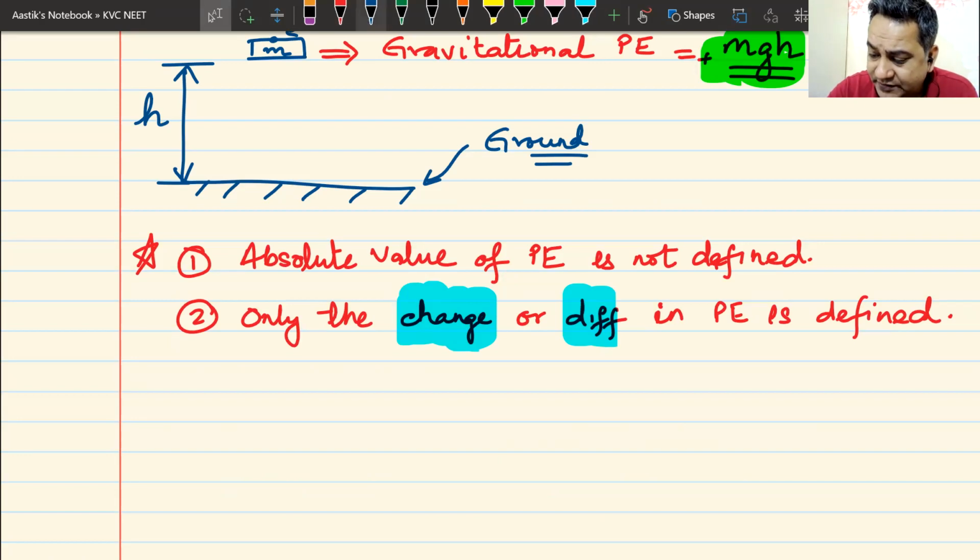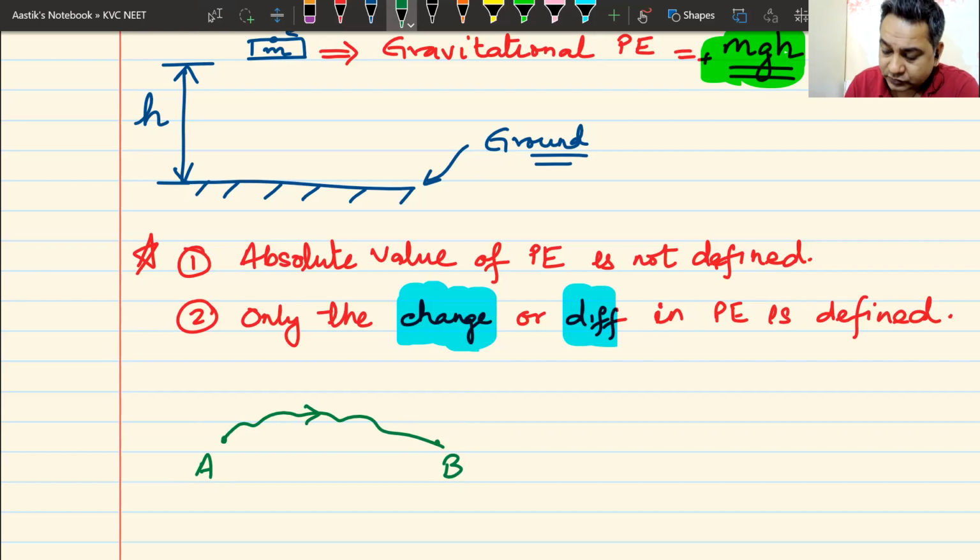Let me take 2 points here, point A and point B. I'm moving from point A to point B. So my point A becomes my initial point. I hope everyone is following.